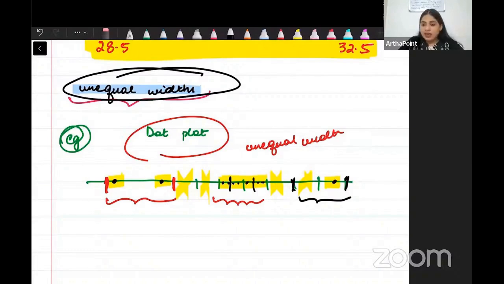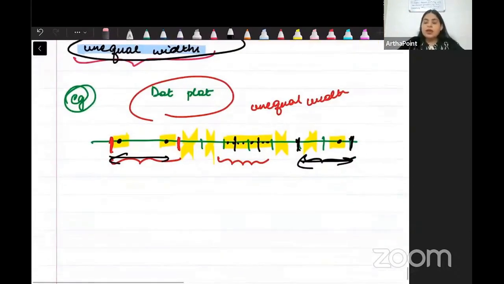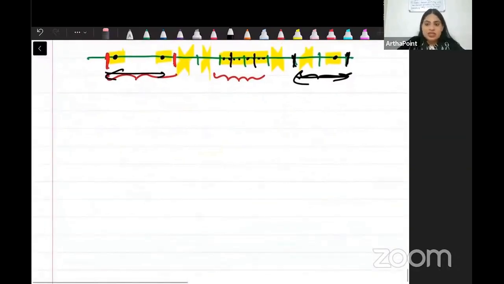We should see how my data is spread. And if I see that some intervals have very little data and some have a lot, then where there is very little, combine them into one interval, and where there is a lot, make them into small intervals.